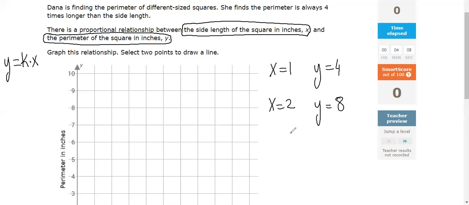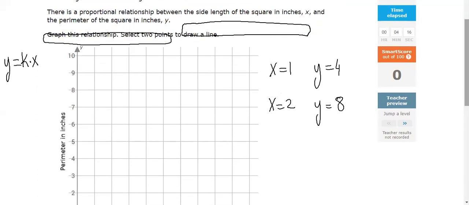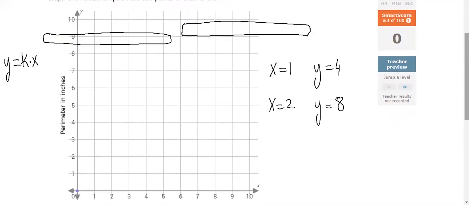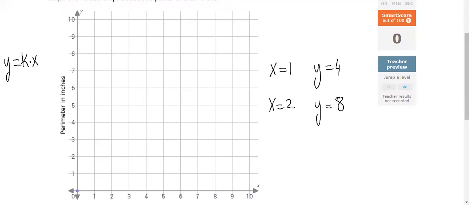Okay, so let's put these points on the graph. Let me first erase these two. So when x is equal to 1, y is equal to 4, which is the point 1 comma 4.